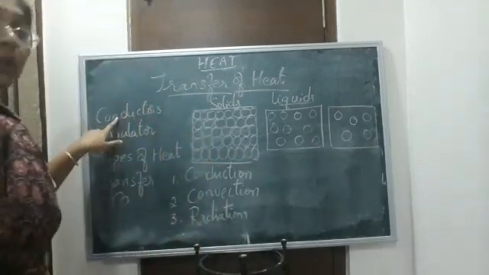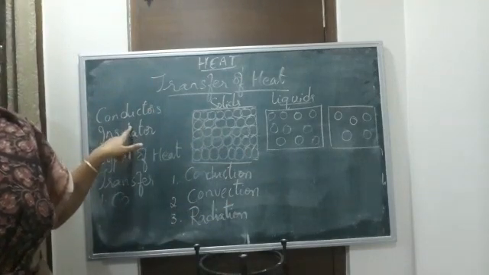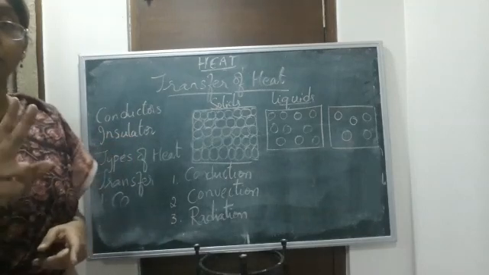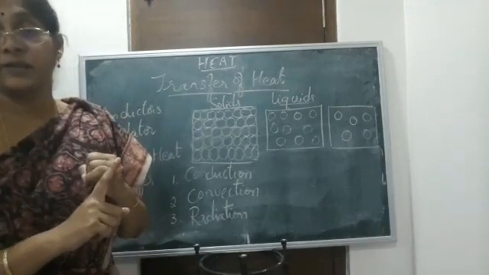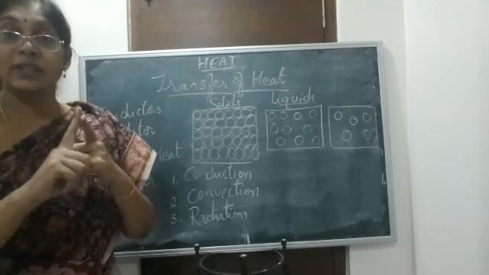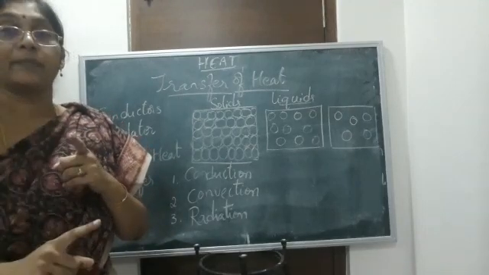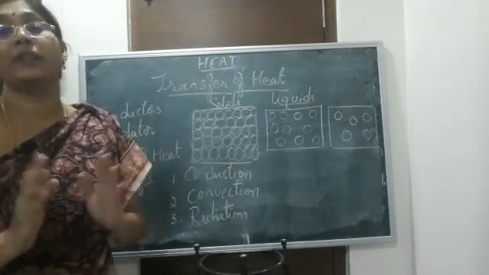So we have learned two new terms today. What are conductors and what are insulators? We have learned two things up to now. One, what are the conditions necessary for heat transfer to take place? There are two conditions. The first condition is that the temperatures of both the objects should be different.